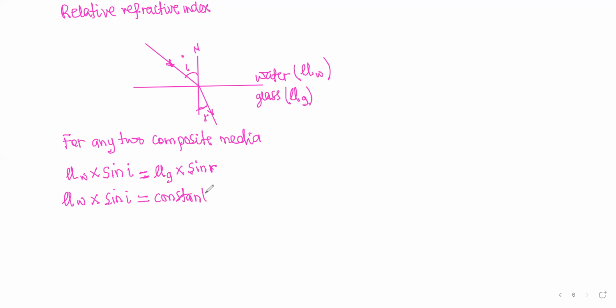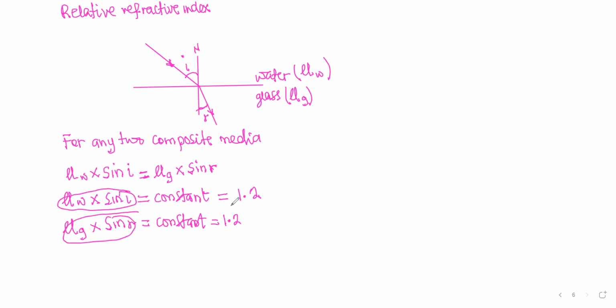Let's assume this constant value is 1.2. When you multiply the refractive index of the second one and the sine of the angle of refraction produced, it must be equal to the same constant value, 1.2. So if they are giving you the same result, then this is equal to this one. That is why we are equating them here.